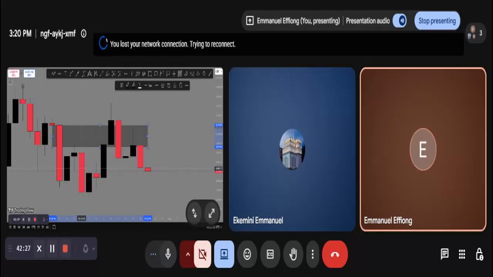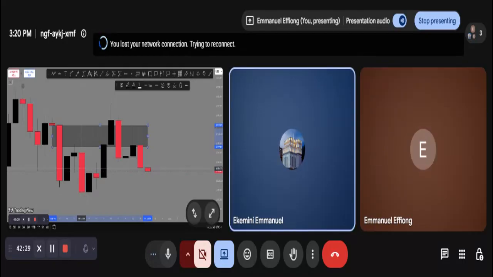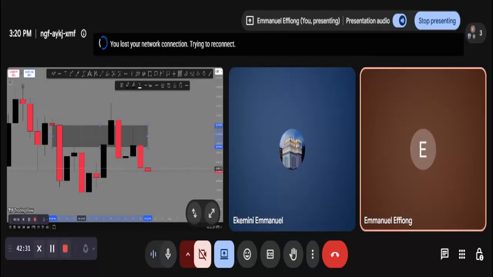Can you see that? Yes. As we have this, we now see how the market got into something inside here and began to push down, right? So that was that.